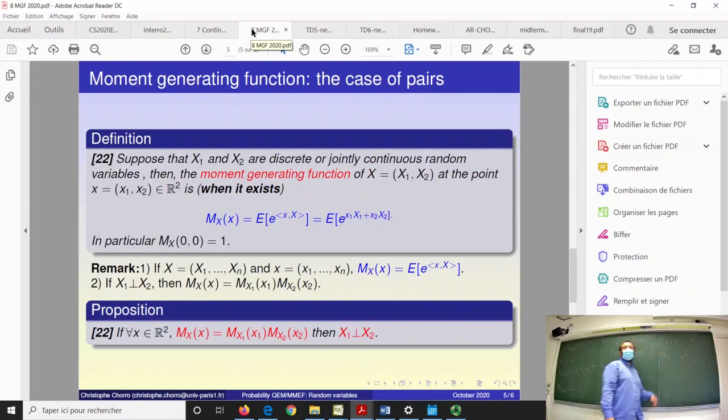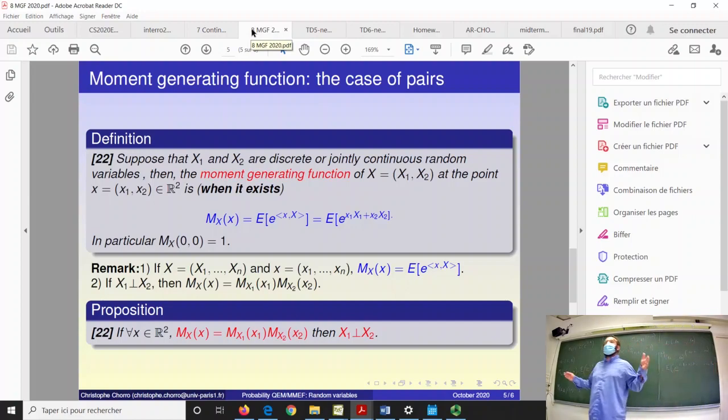I need to have n variables, so I will now denote it M of (x1, x2, ..., xn). And what is this? It will be the expectation of exponential of x1 X1 plus x2 X2 plus ... plus xn Xn.